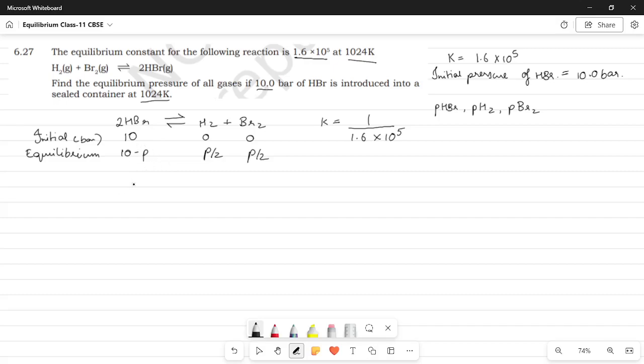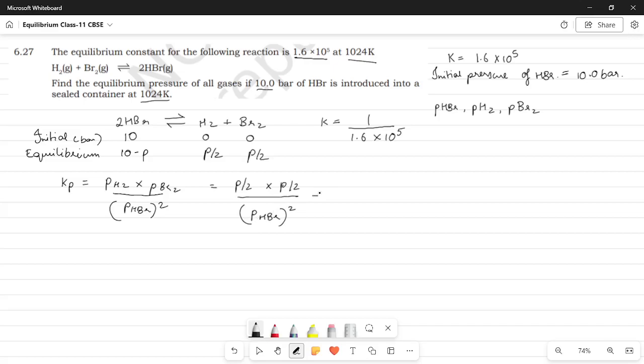So we are going to obviously have to write the equilibrium equation. So Kp would be equal to PH2 into PBr2 divided by PHBr square, because you have this 2, right? So this is equal to P by 2 into P divided by 2, whole divided by PHBr square.